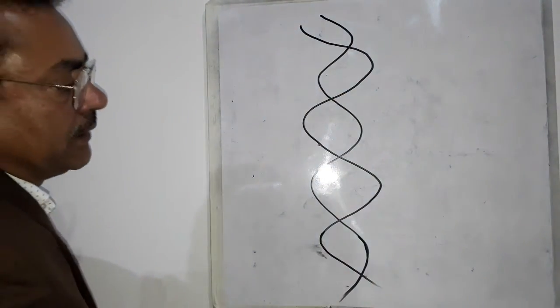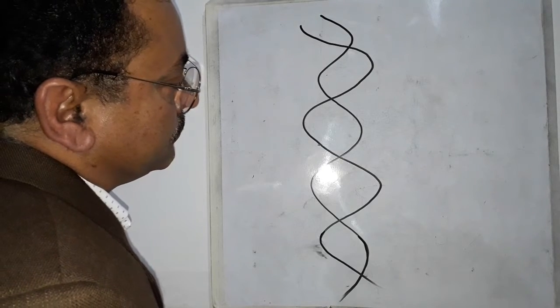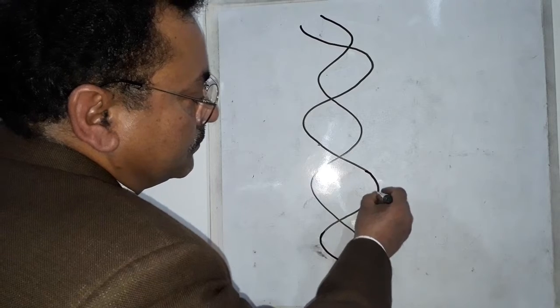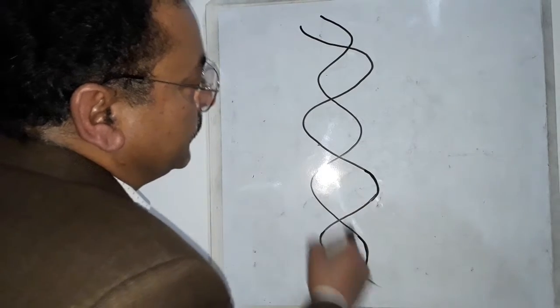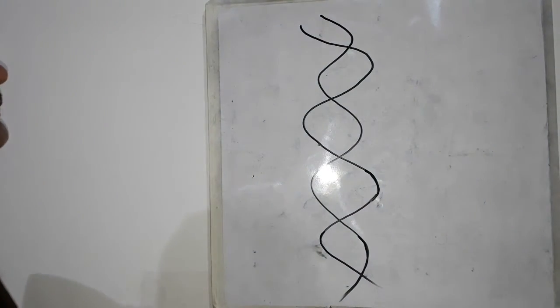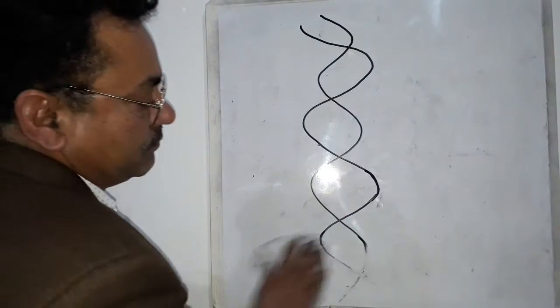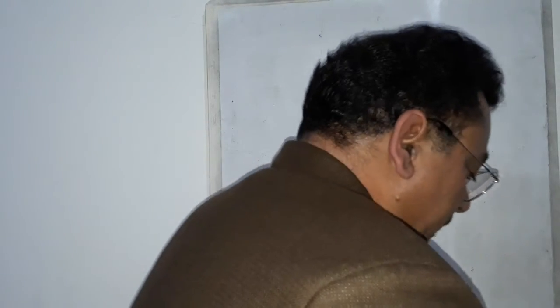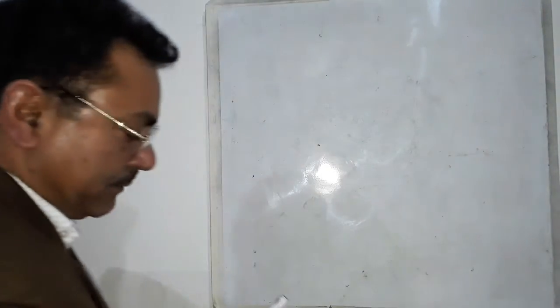So this is the diagram. This is the diagram that I have drawn here. I think I have to redraw it in order to make the diagram to some degree a perfect diagram.